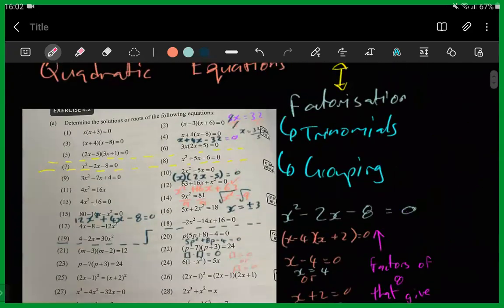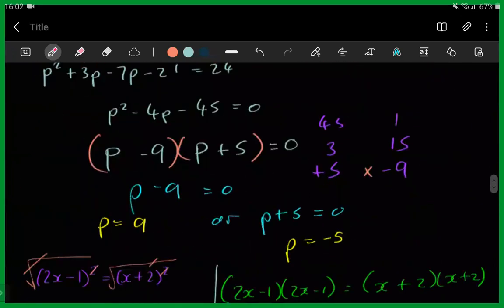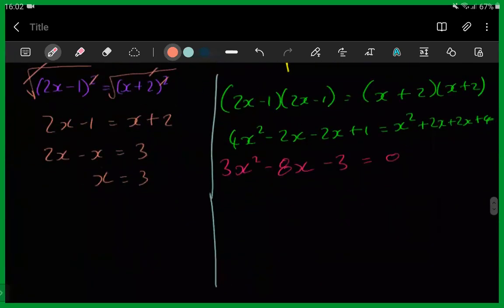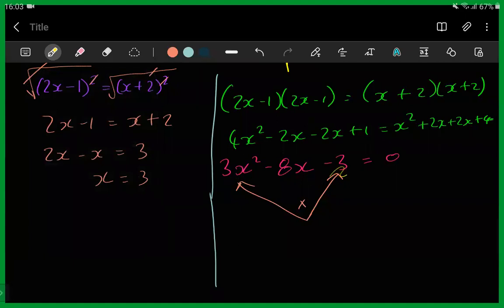The ones that will need us to factorize by grouping, since we don't yet have a formula to work this out. So we said all you do is you take the value at the far edge here, the value at the far edge here, and you multiply them. So 3x squared times negative 3, that's like negative 9x squared.